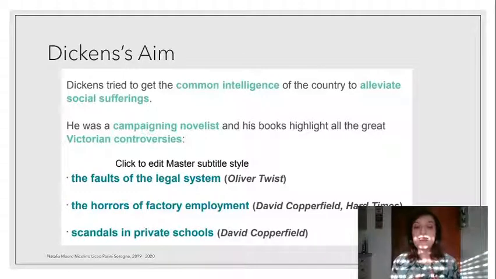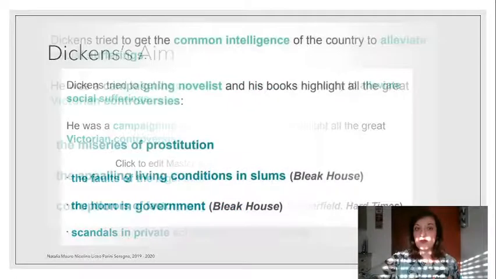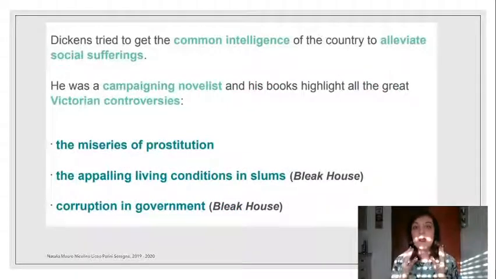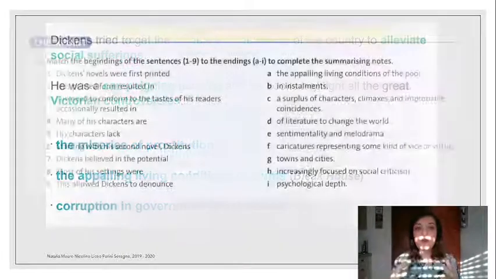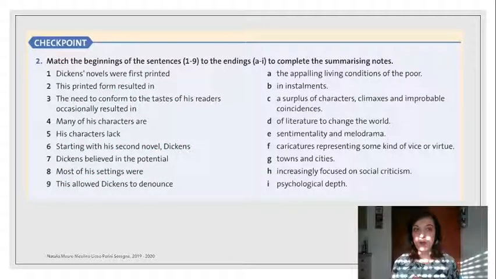For example, the scandals in the schools, so the problems of education, the hardship of working life in factories or in workhouses. He wanted to show the miseries of prostitution, the corruption in government, the living conditions in slums.